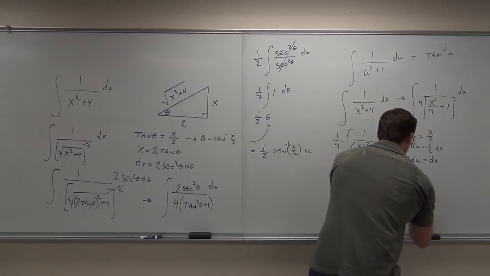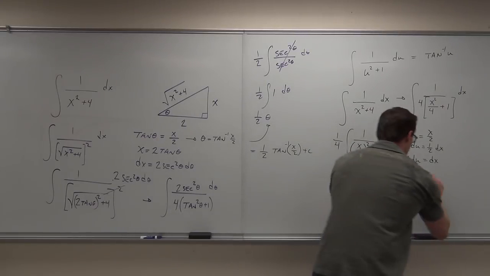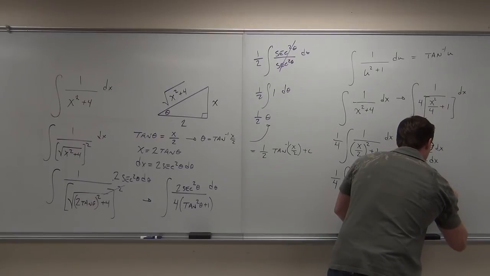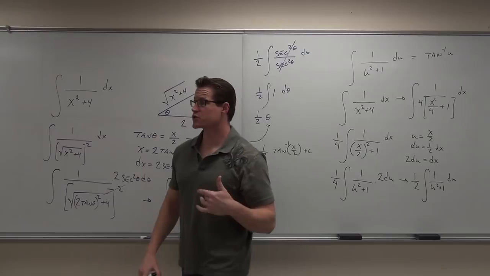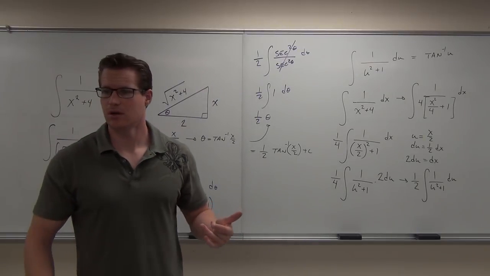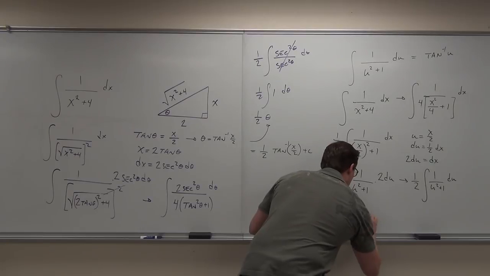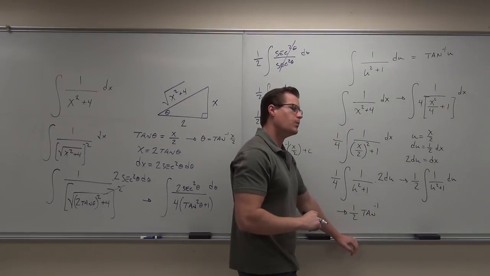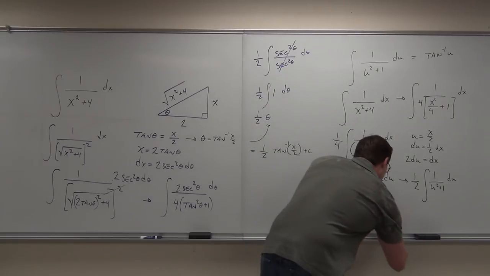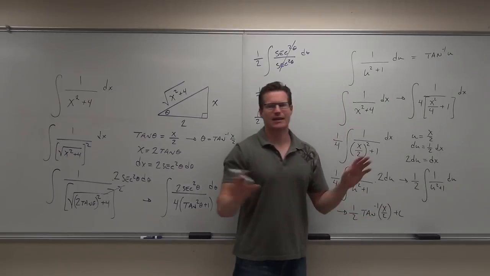Pull out the 2. So I get 1/2, 1/4 and 2. The integral of 1 over u squared plus 1 du. Hey, do I know what the integral of 1 over u squared plus 1 is? Tan inverse of u. So this becomes 1/2 tan inverse of u. How much is u? x over 2. Let's see. Ends up being exactly the same thing.